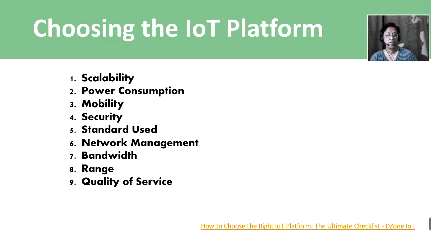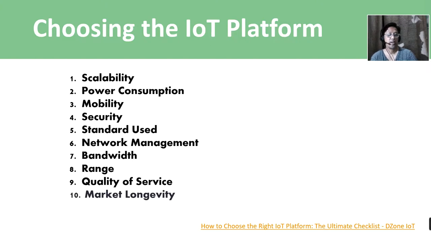And then the quality of service. Is it okay for you if there will be some drops in packets, or if there are no signals, or do you require a permanent connection between your device and your server, or between the different devices that you are deploying? And then the market longevity.